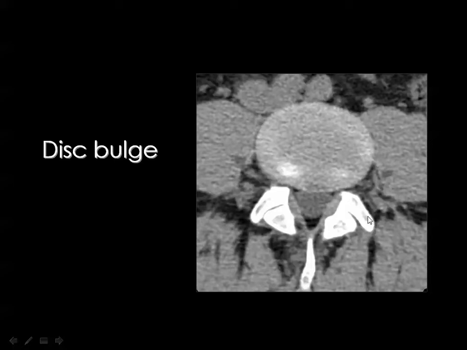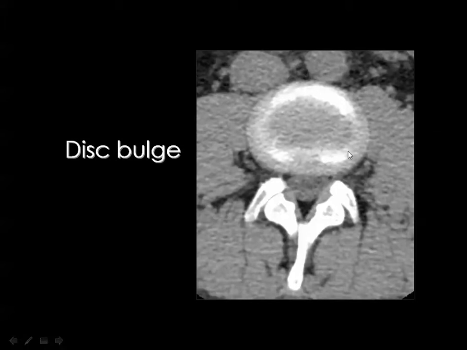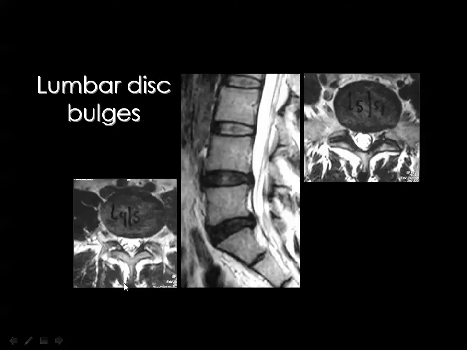Then in this example, you see that there is diffuse bulge of the edge of the disc from left to right. Then you are dealing with disc bulge, and this is also a disc bulge with diffuse bulging of the edge from left to right.